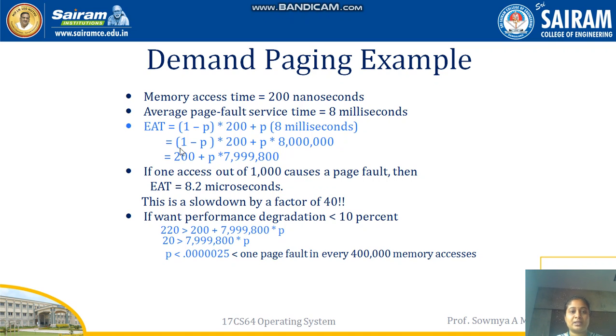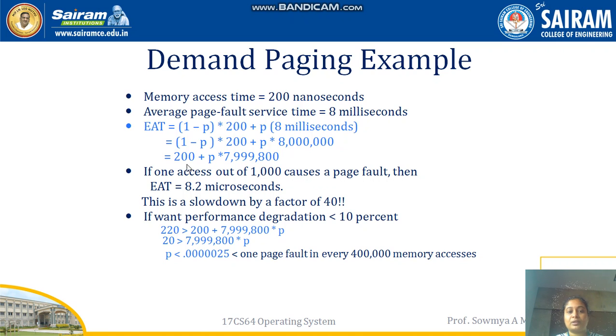Then (1 minus p) into 200 plus p into 8 into 10 power 6. So 200 into p, and 8 milliseconds minus 200, you get this value.